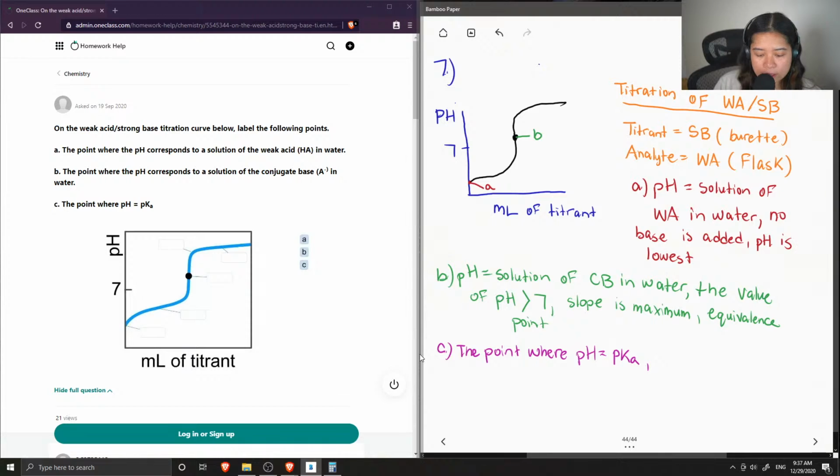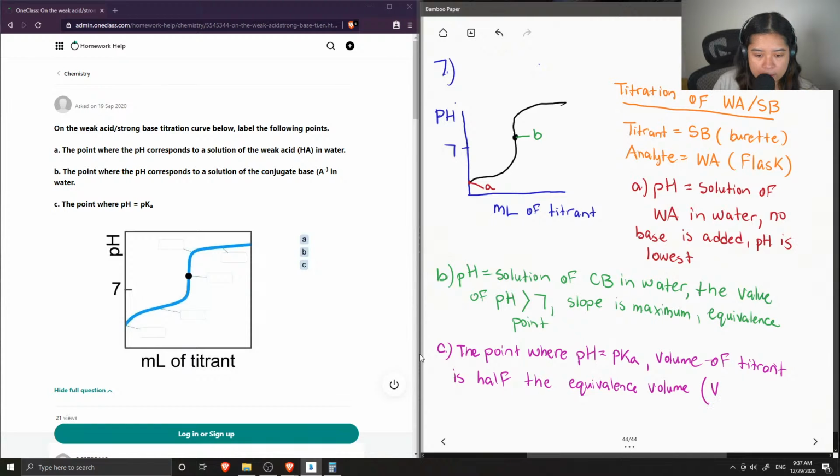So when the pH is equal to the pKa, then the volume of the titrant is half of the equivalence volume.